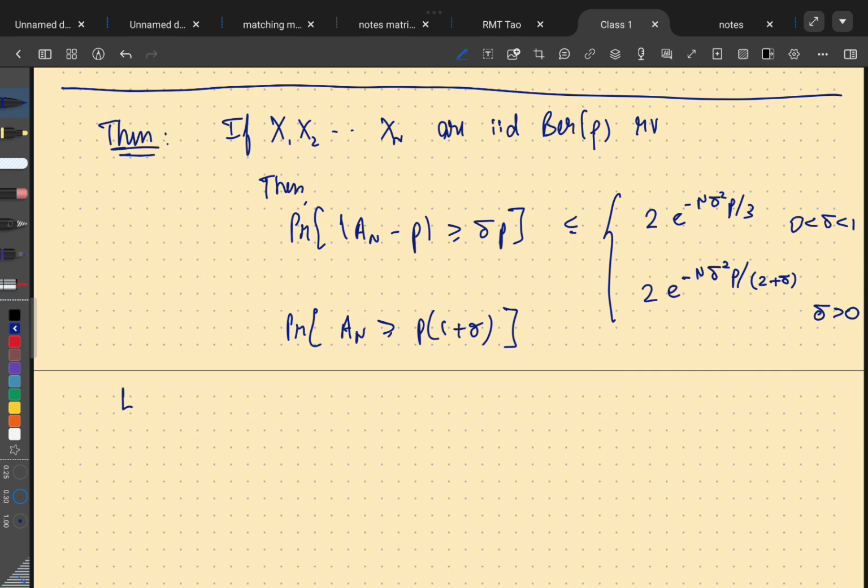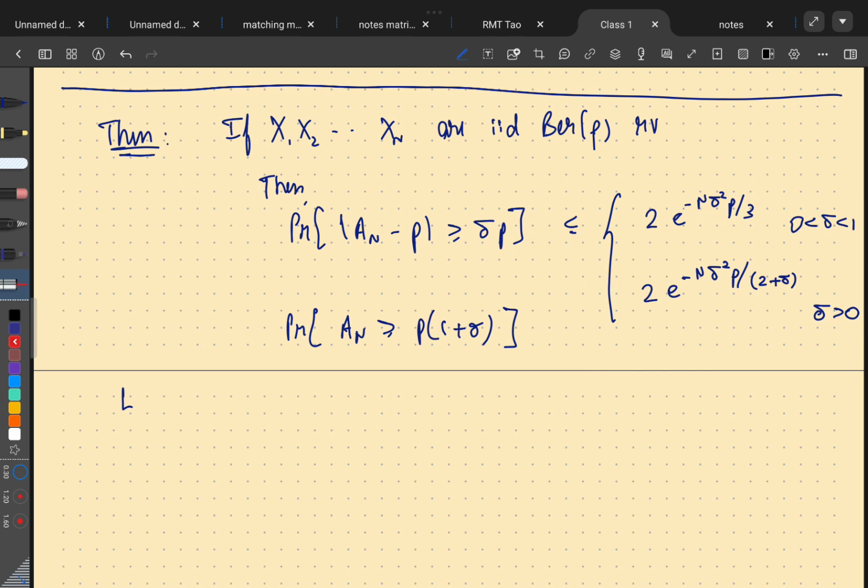We'll see examples where p itself could also be a function of n. So this is sometimes called a multiplicative form of the Chernoff bound. You could also just replace this by delta, and similarly what you have over here would also change. It's not easy to go between the two different forms of the bound, but this kind of looks nicer because it tells you that this decays exponentially in delta square.